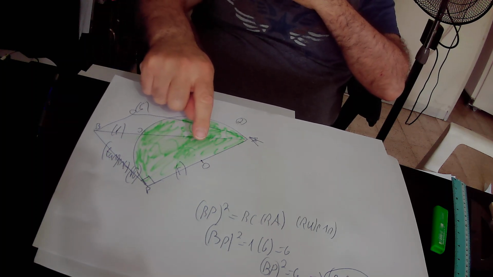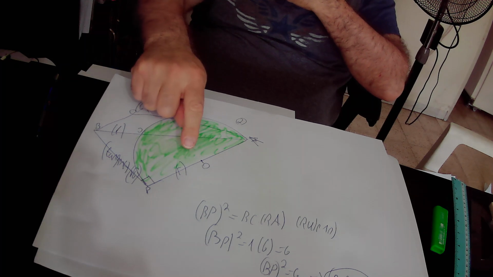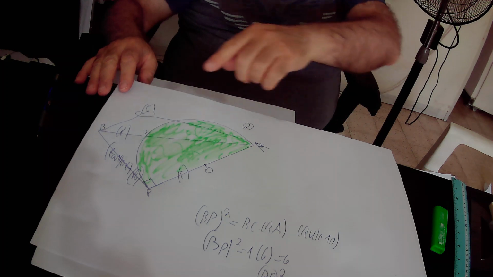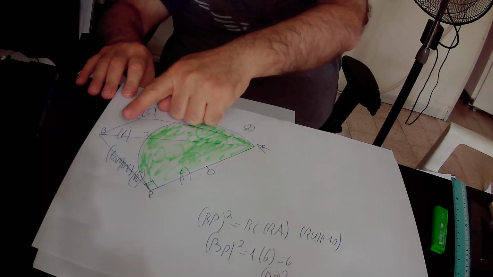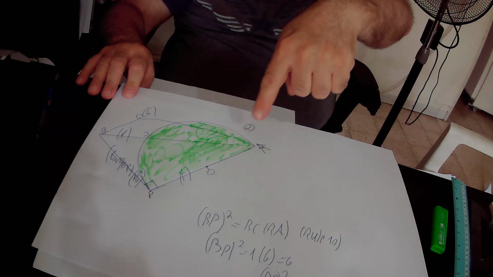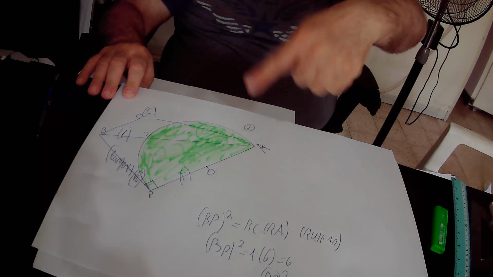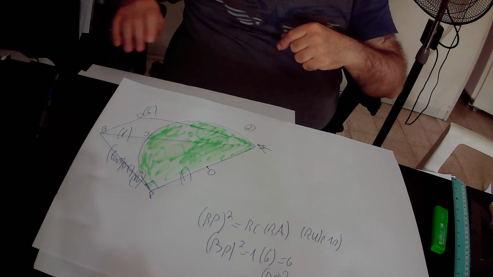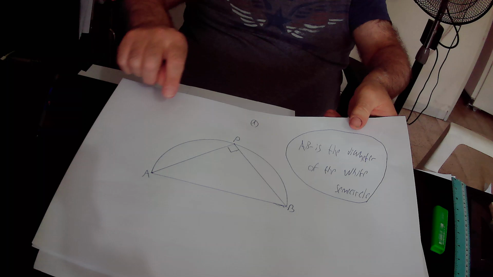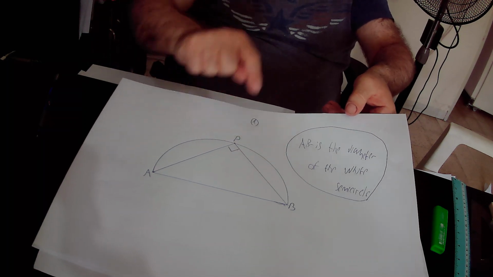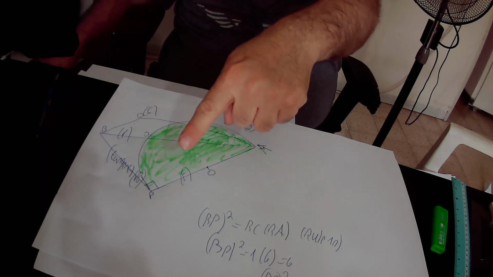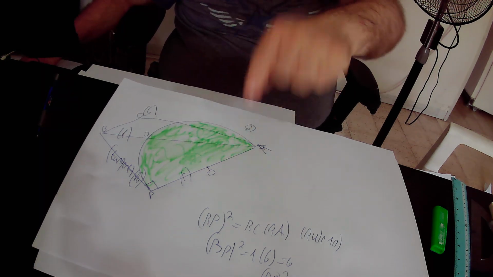Therefore, PO or OP must be the radius of this green semicircle. So we have BP, line segment BP creates 90 degrees with the radius PO. Why? Because we know that angle BPO equals 90 degrees according to Rule 7, and we already found out that angle APB equals 90 degrees in its size. Therefore, line segment BP creates 90 degrees with the radius PO.